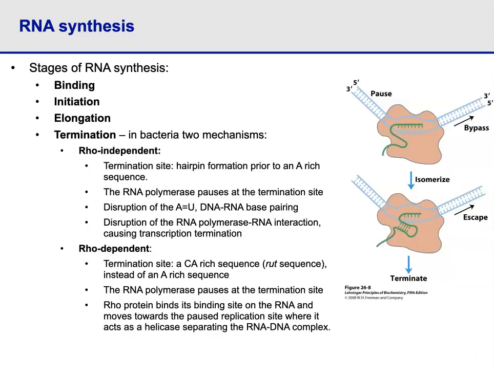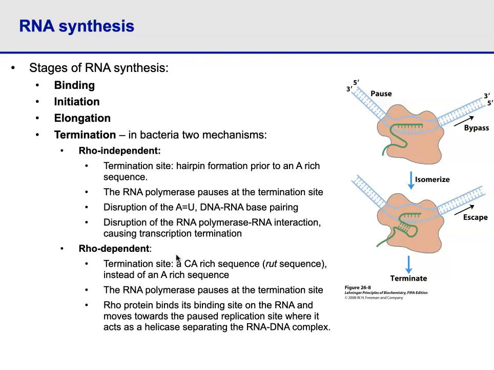All right, and the last slide for this presentation is the termination stage of RNA transcription. So in bacteria, there are two main mechanisms. One is Rho independent and one is Rho dependent. The Rho independent is based on certain sequences within the gene.